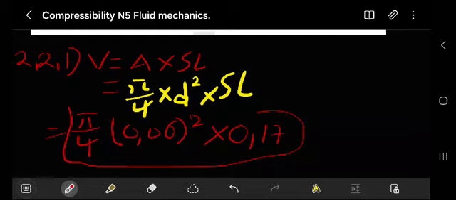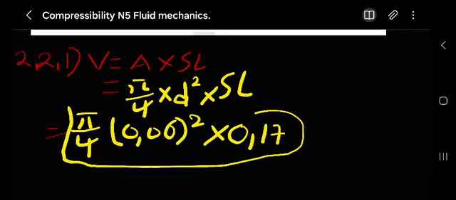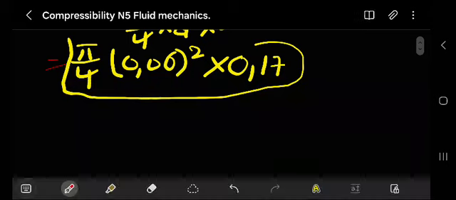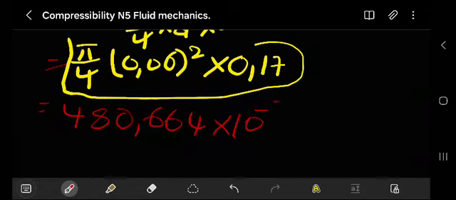When you punch this on the calculator, the answer that you get will be equal to 480,664 times 10 to the minus 3. This must be in cubic meter.